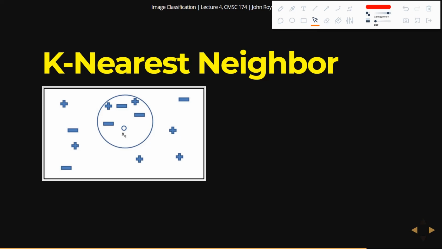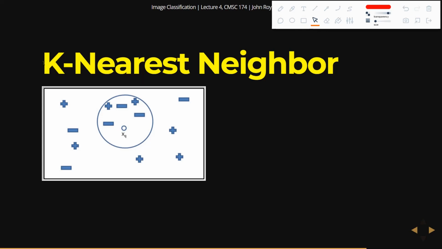Next is the k nearest neighbor, and in this one you actually don't do any training, and the idea is if you have a data point, you just consult its neighbors for what is the answer. If you consult the nearest neighbors, they are the most similar data points to it because they are the closest, right?